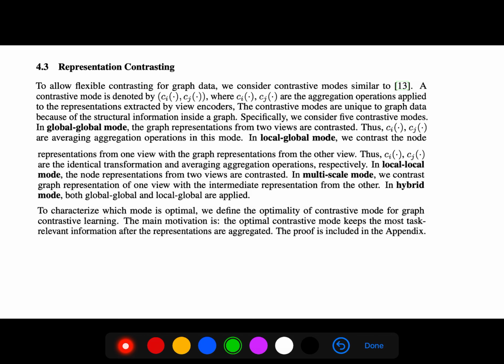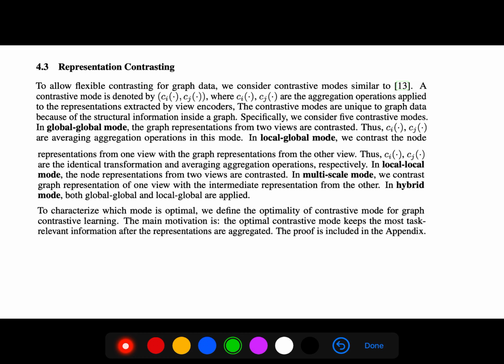In global mode, the graph representations from two views are contrasted. Thus, C sub I, C sub j are averaging aggregation operations in this mode. In the local-global mode, we contrast the node representations from one view with the graph representation from the other view.